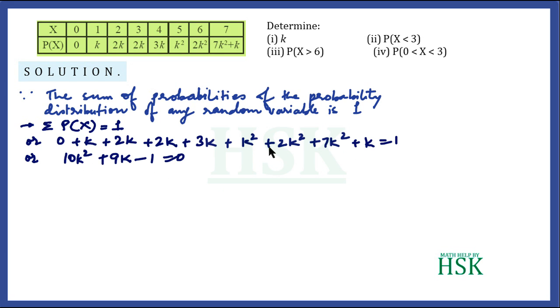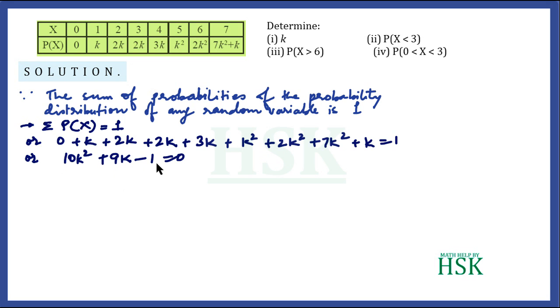You can see here that there are three terms containing k²: k², 2k² and 7k². So we have added them to get 10k². Similarly, all the values of k add to give 9k, and minus 1 is equal to 0.